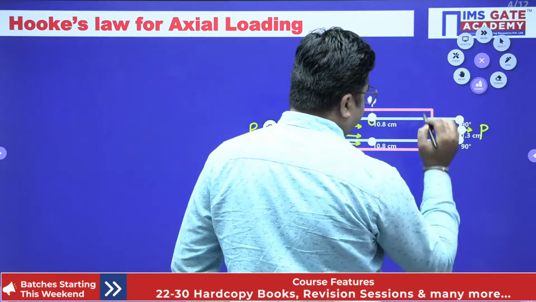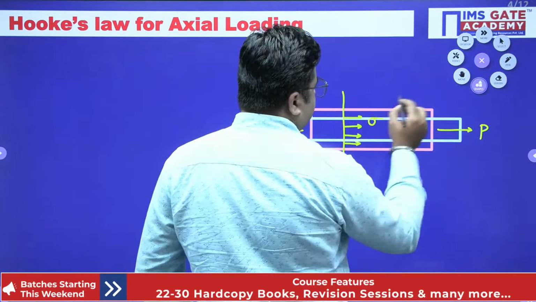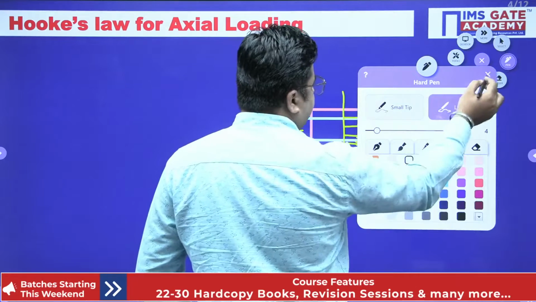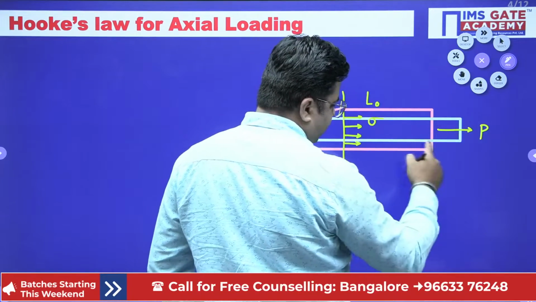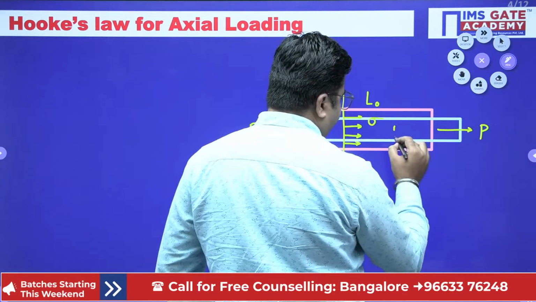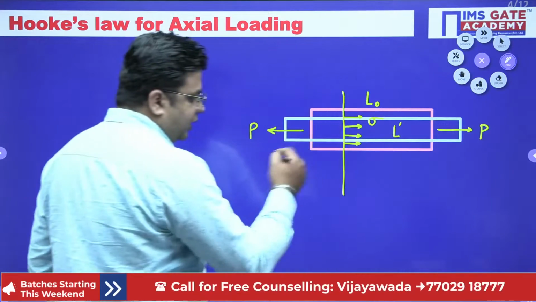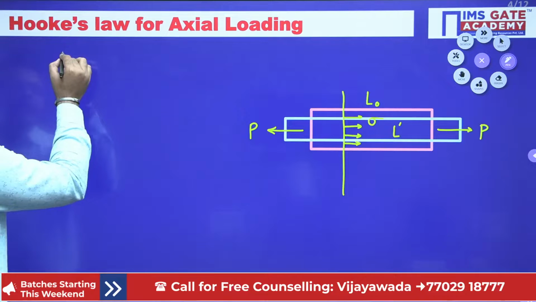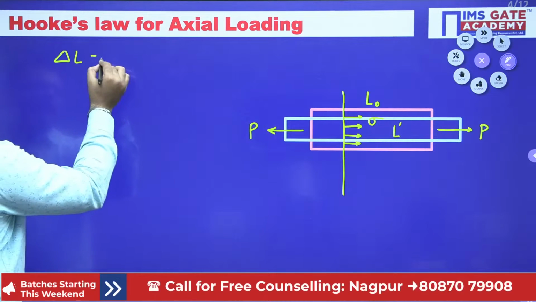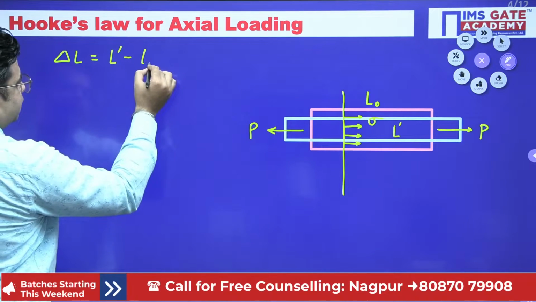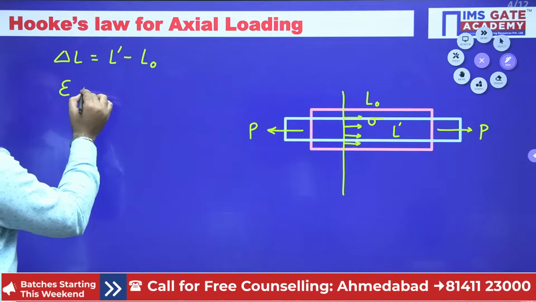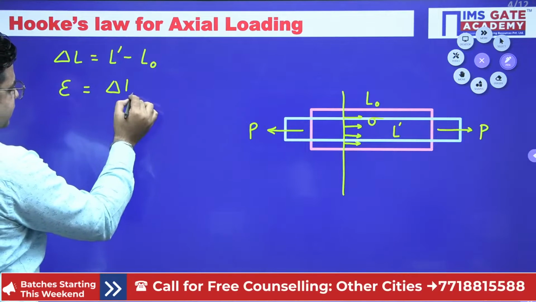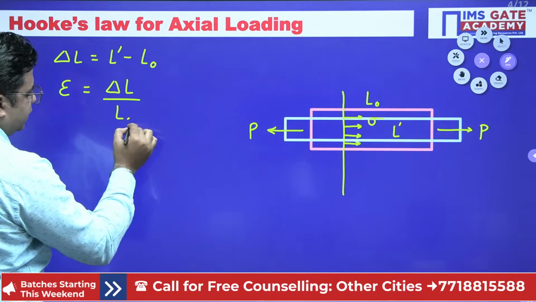Earlier the length was L0, and now the length has increased to L dash. So this change in length, delta L, is equal to L dash minus L0. When we talk about strain, strain is nothing but the change in length divided by the original length.